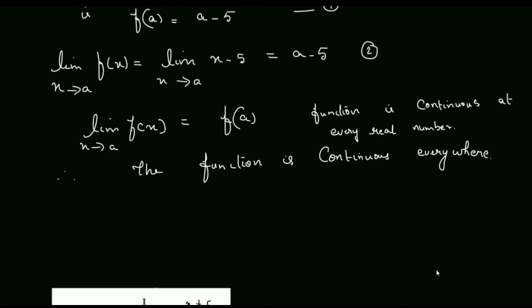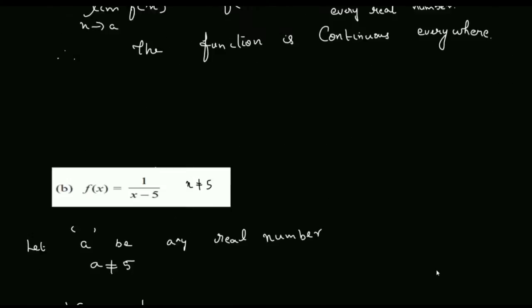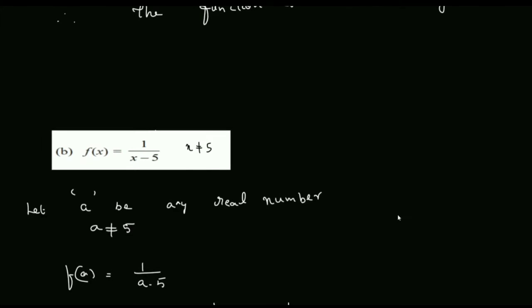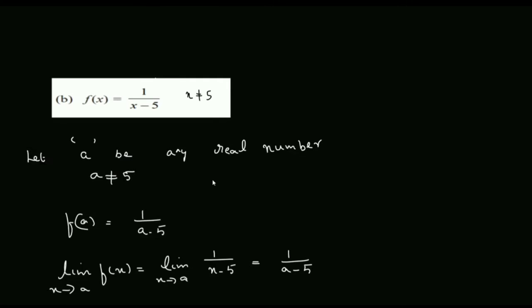Now we'll move on to the second question. B is f of x is equal to 1 by x minus 5, and x is not equal to 5. The function is not defined when you put x is equal to 5. So once again we take a real number at random. Let a be any real number, but a is not equal to 5.